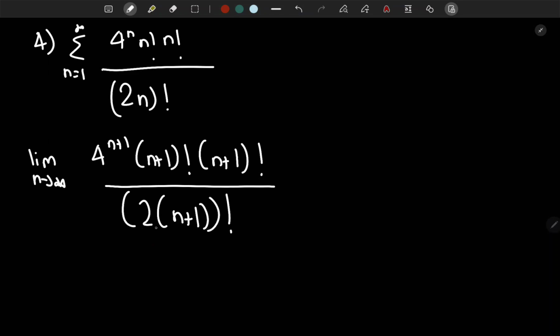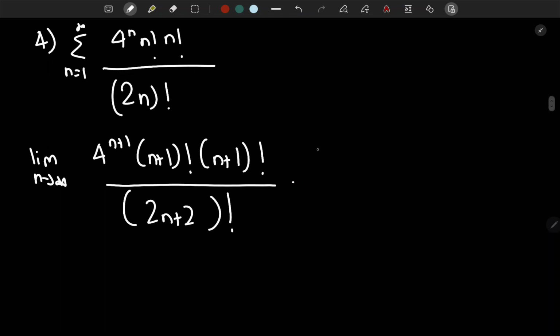Now we can simplify this: it's going to be (2n plus 2) factorial, multiplied by the reciprocal of the original term, which is (2n) factorial over 4 to the power of n, n factorial, n factorial.